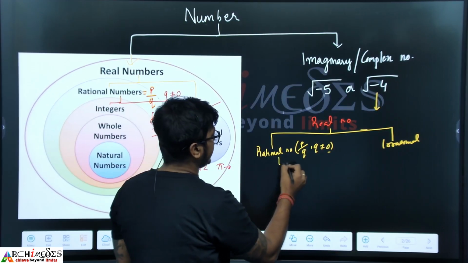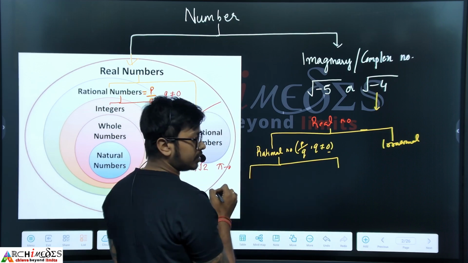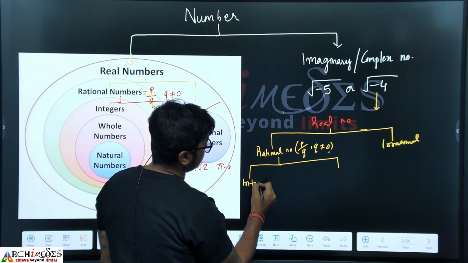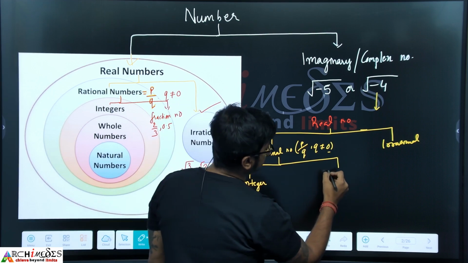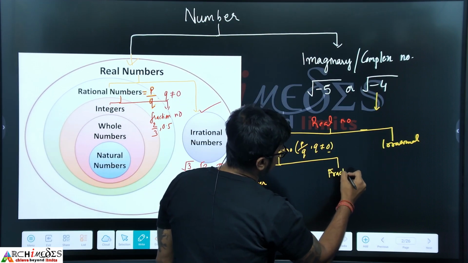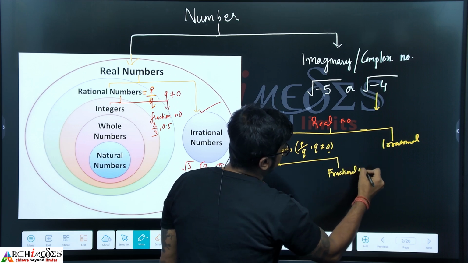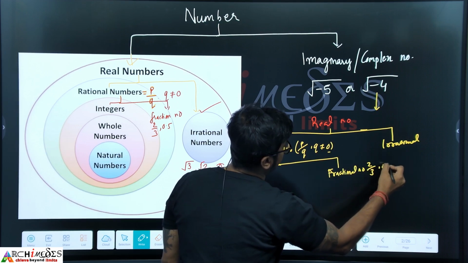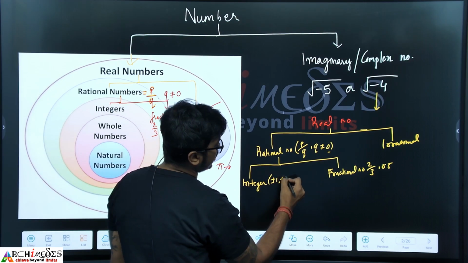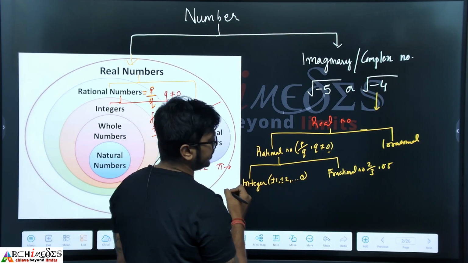Again a rational number is divided into two parts. One is an integer. Another one is a fractional number, also known as a decimal number. Let's write 2 by 3, 0.5, like this. Where integer is plus minus 1, plus minus 2, and so on, including 0.